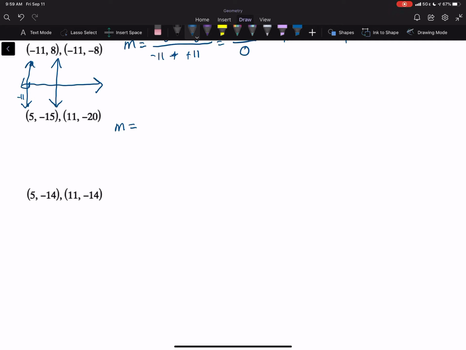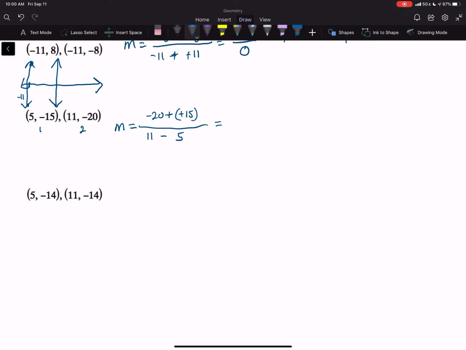Okay? All right, let's check this one out. M equals, we'll make this one 1, this one 2, so we're going to do negative 20 minus negative 15. Put those in parentheses just to keep it nice and neat. And then the negative 20 goes with 11, subtract, negative 15 goes with 5. So negative 20, I'm going to do plus positive 15, because you keep the first one the same and you do the opposite.